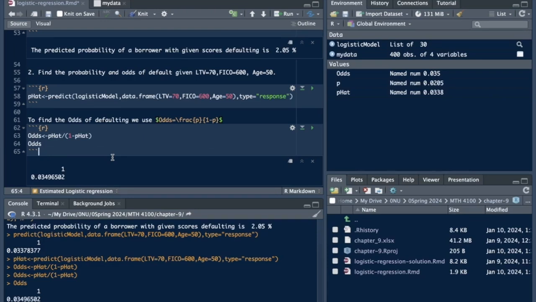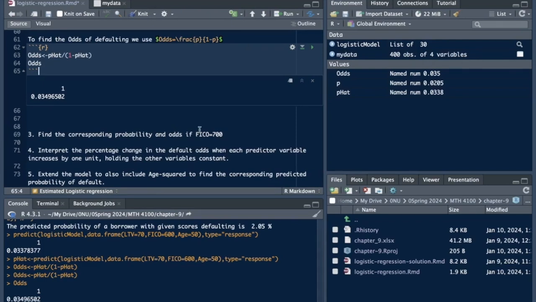A person with these scores is likely not going to default on the loan. So yeah, we may give him money, right? So let's give him some money.